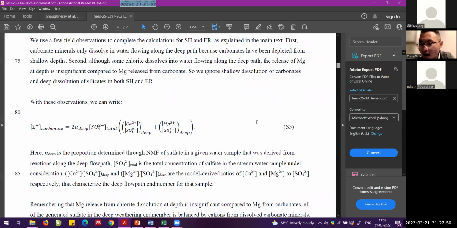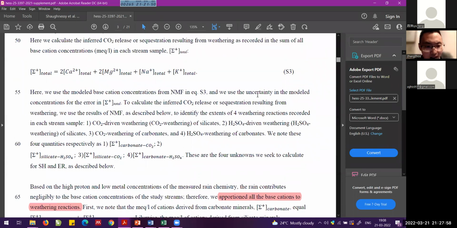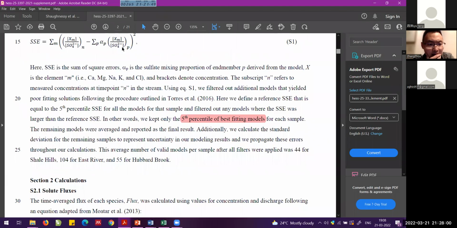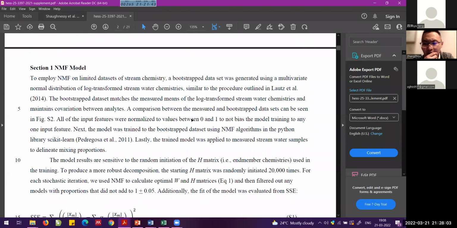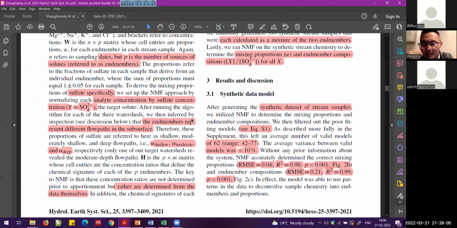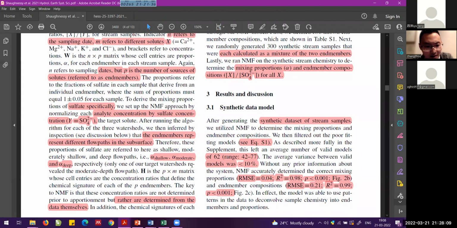Okay, I think I get the idea. So I think that's why later on they also make some plots that are trying to say that some of the principal components correspond to certain sources. I think that's one thing that needs to be explained, confirmed and validated.